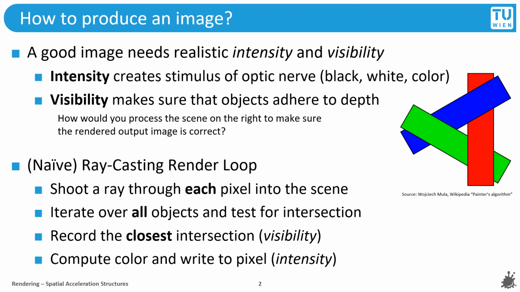Then for this ray, we iterate over all objects in our scene and test for a possible intersection, record the closest intersection, and that allows us to resolve visibility and compute color and write that to the corresponding pixel. So this is a very basic setup where we only consider fully opaque objects, but let's stick with it for the sake of an argument for now.